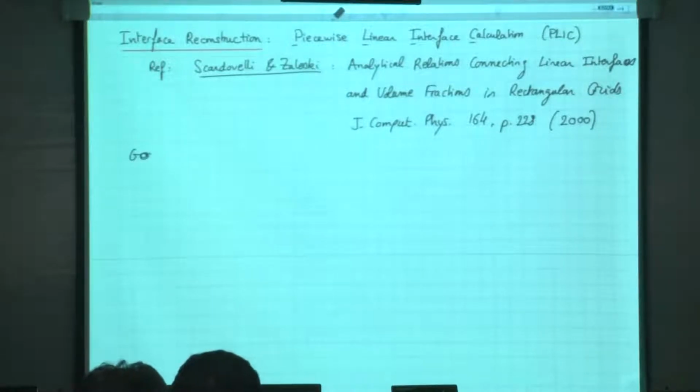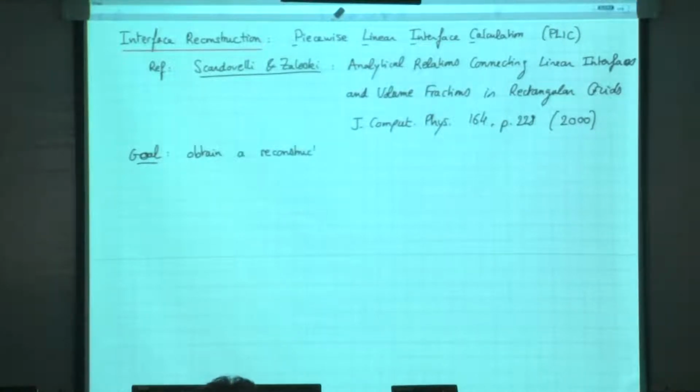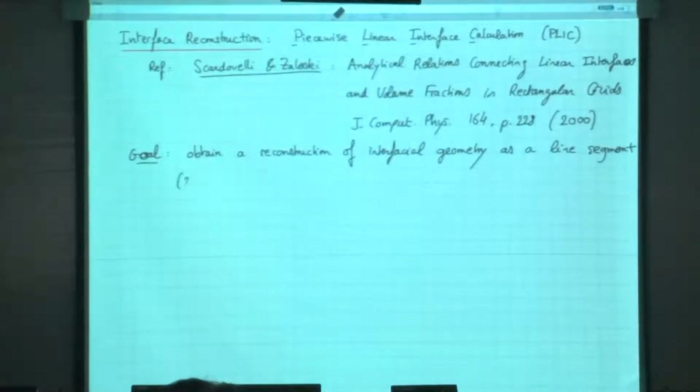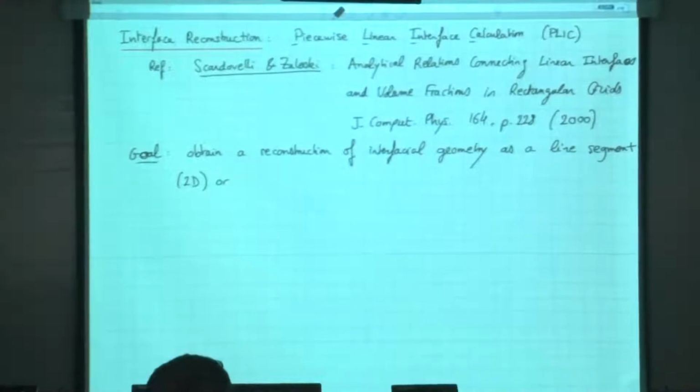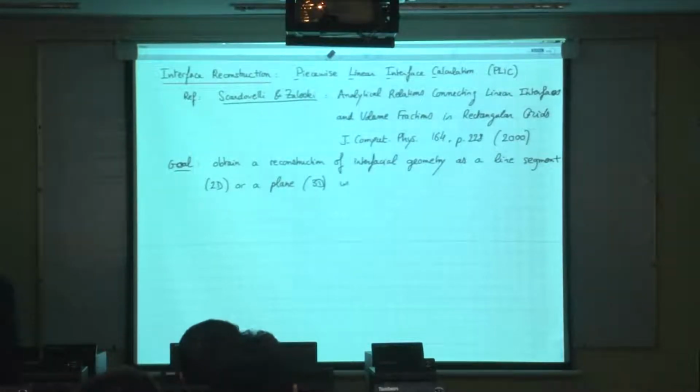So my goal at this point is to obtain a reconstruction of interfacial geometry, specifically in the form of a line segment in 2D that contains the interface.